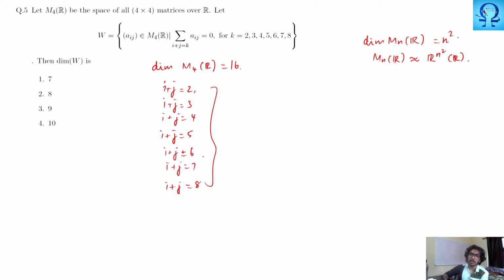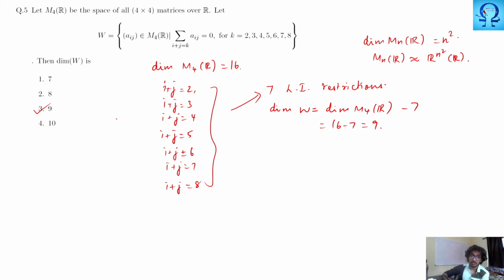So altogether you have 7 linearly independent restrictions. Therefore, the dimension of W would be the dimension of M4 of R minus this 7, that is nothing but 16 minus 7, which is 9. Okay, this is one way.